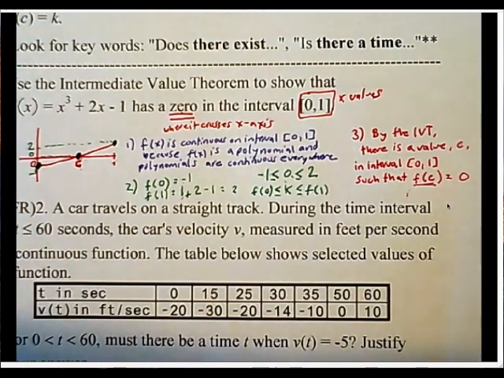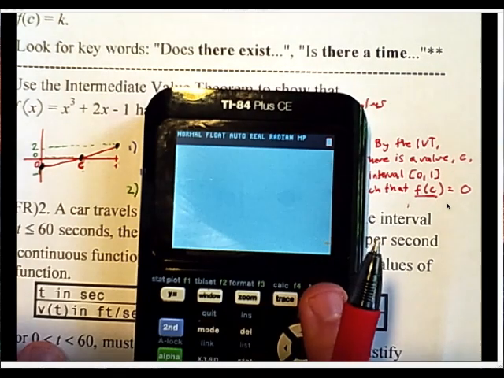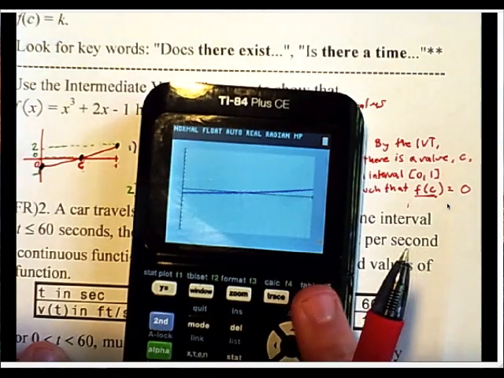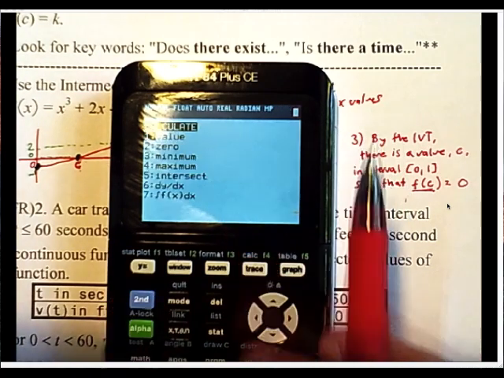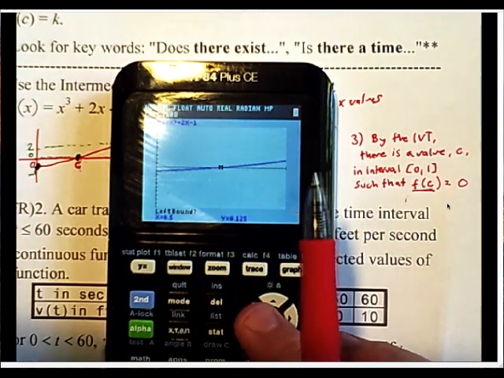So if I kind of look at the graph, okay, it's right there. And my calculator, I can actually calculate what that is using the zero feature.